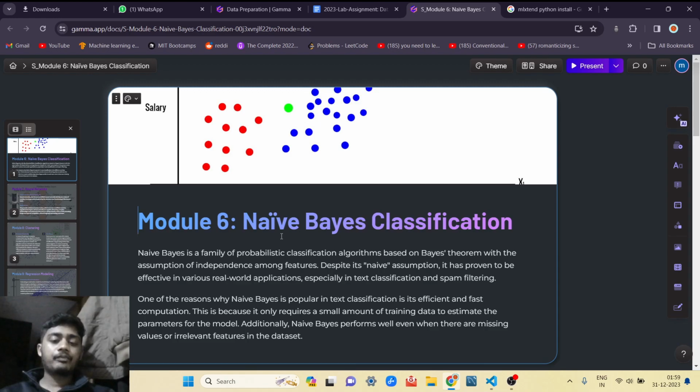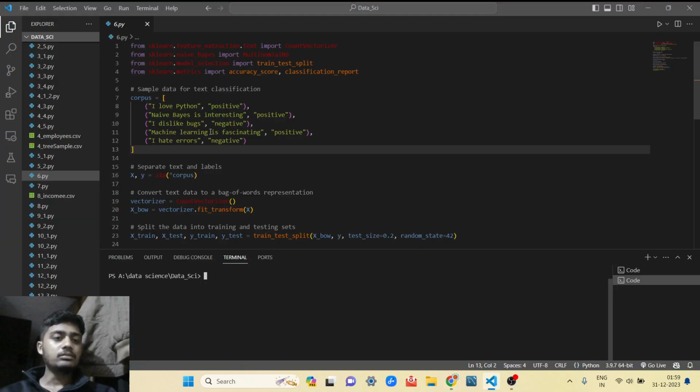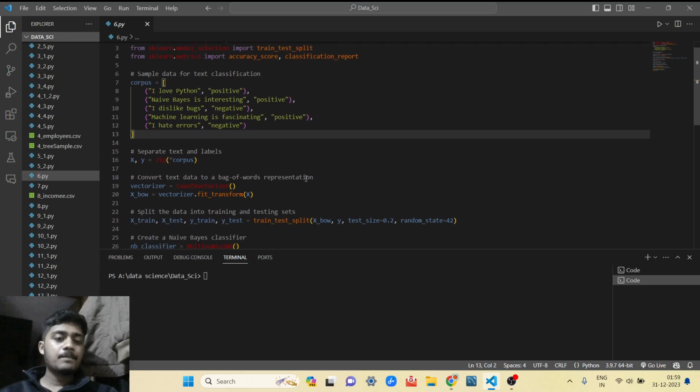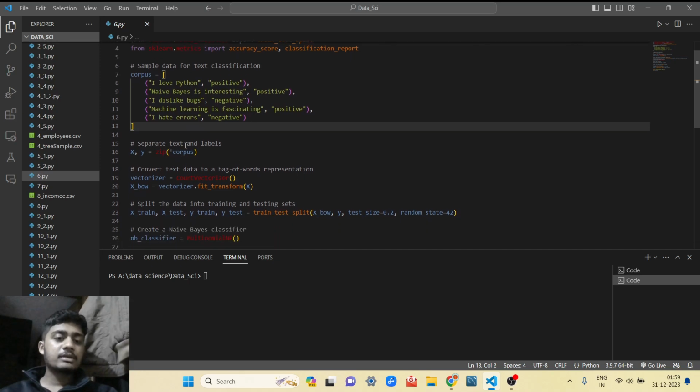Now let's understand it with the help of a program. Here we have used sklearn and CountVectorizer, etc. We have given the sample data for text classification, as you can see here. Now separate the text and labels from here, like corpuses zip.